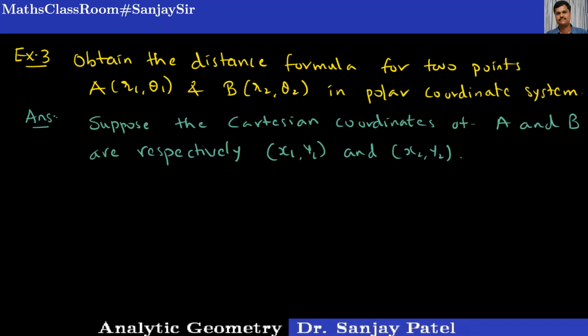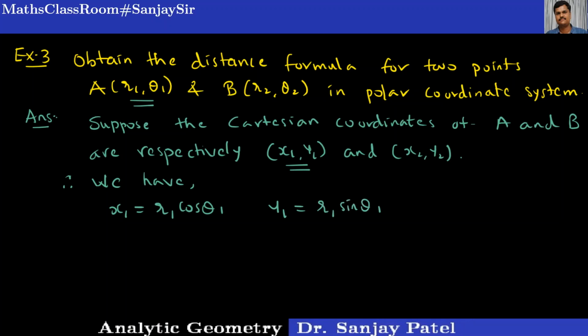So therefore we have the following relations between x1 y1 and r1 theta 1. So I can write x1 is equal to r1 cos theta 1 and y1 is equal to r1 sin theta 1.